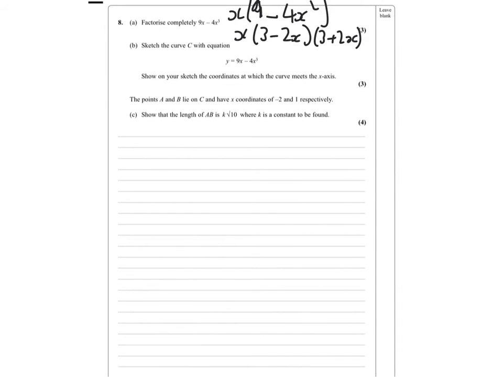Because I need them, because these are the places where the curve cuts the x-axis. So my curve is going to go, because it's minus x cubed, it's going to come down here, up here and down there. It's going to cut at x equals 0, 3 over 2, or 1.5, and minus 3 over 2.